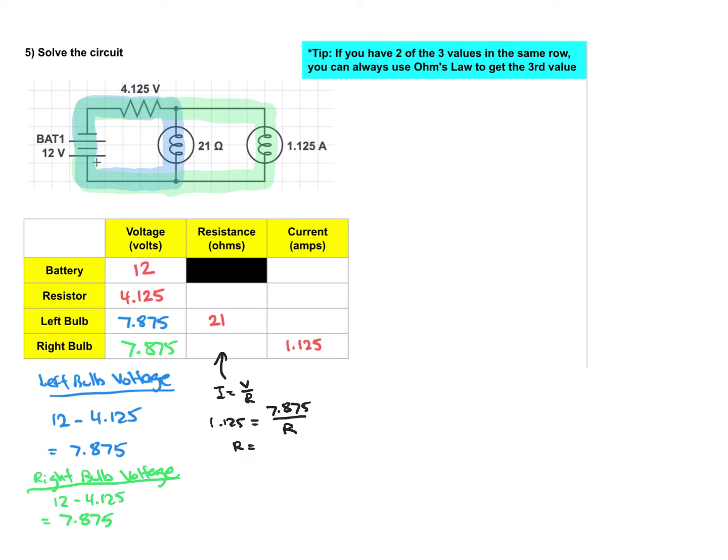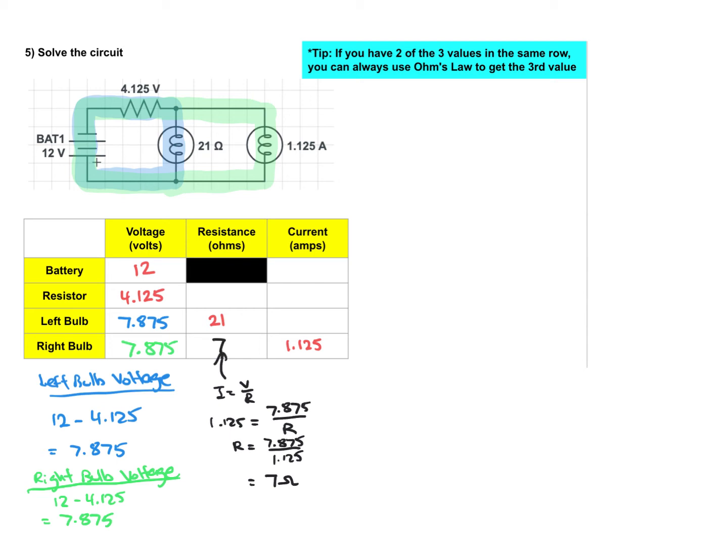You can accomplish solving for R by doing 7.875 divided by 1.125, and that actually ends up being a perfect 7, I believe. I'm just going to double check with my calculator here. Yeah, it ends up being a nice whole number of 7 ohms.